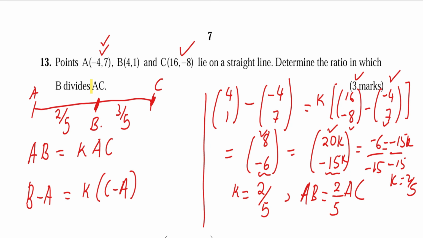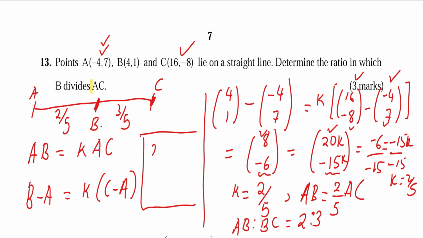So the ratio of AB to BC is equal to 2:3, because if you take 2/5 is to 3/5, the 5 and 5 cancel out, and you remain with 2:3. So this is your ratio. So basically the ratio is 2:3.